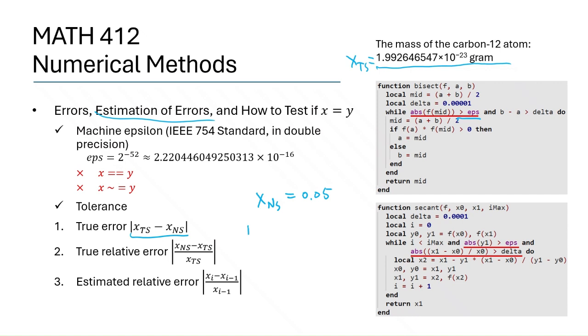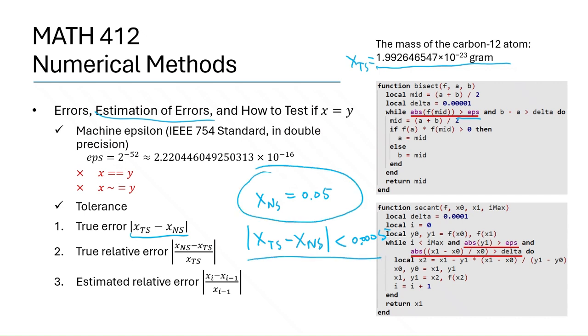Now you test: is this minus this less than, say, 0.000 something? I believe this is a very small number in many cases. Put one more 0 there, and it's still very small. Does this test make sense? If this is true, do you mean this is a good approximation? Or this is not true.